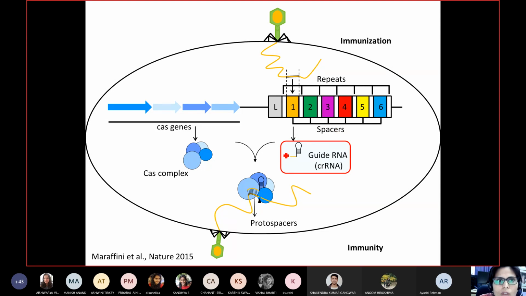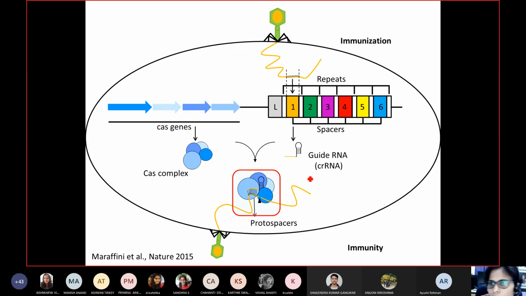So what is the role of a mature guide RNA here? This mature guide RNA guides a complex of Cas proteins to go and target sequences. The role of guide RNA is to complex with Cas proteins and allow them to exactly target the sequences which are coming into the infection.